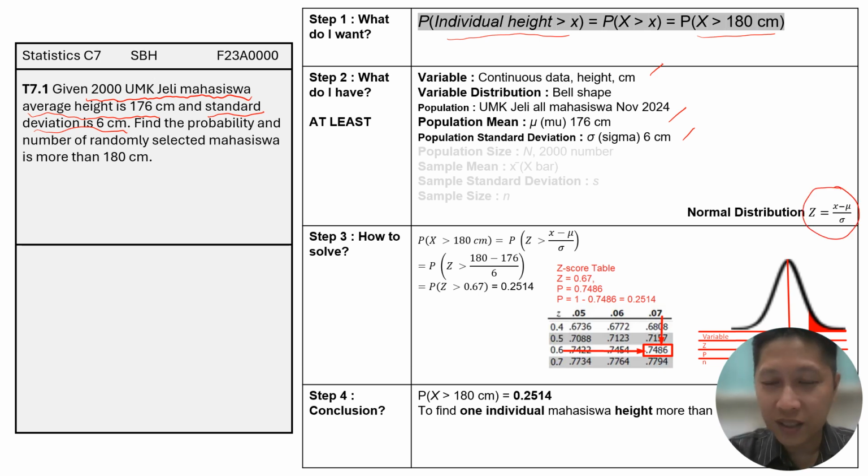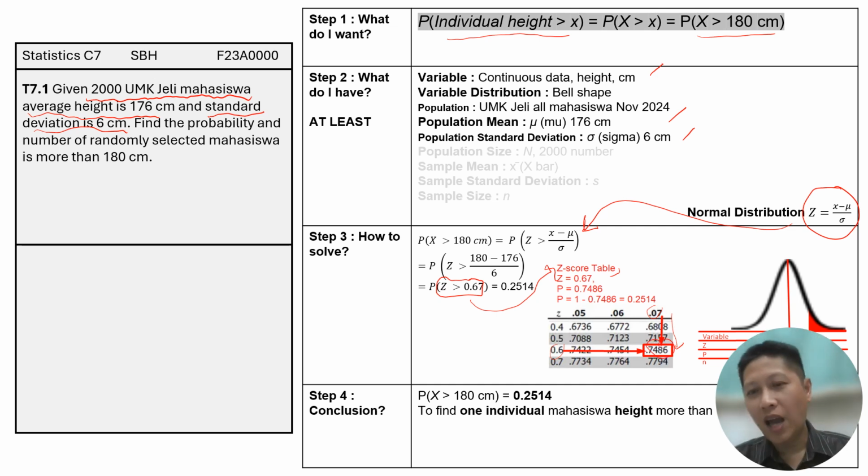Later on, you can see we plug into the Z score formula, and we get Z is larger than 0.67. We need to convert the Z into the P. We're going to use the Z score table. When Z equals 0.67, here P is 0.7486.